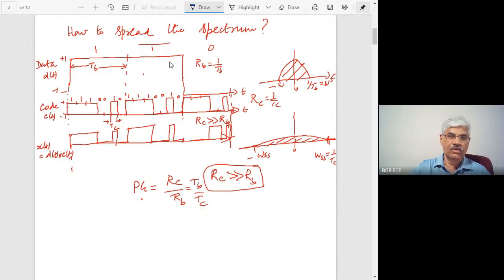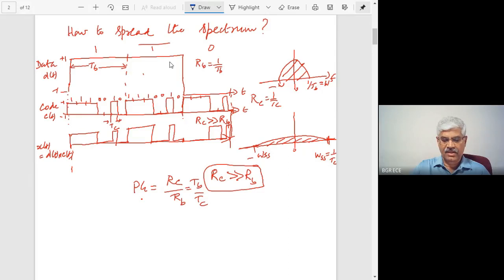So spreading the spectrum requires a code. The code requires to satisfy a lot of these properties in order to enable you to communicate in a hostile environment. So this is as far as the code is concerned. The code should have properties like that, and you use it to spread the spectrum.